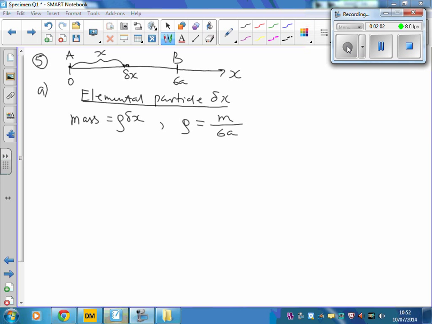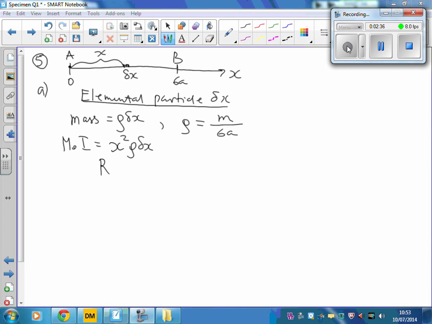So m over 6a gives the density of the rod and the density of the particle. Now, to find the moment of inertia of the particle, we need to multiply the square of the distance of this particle from the axis of rotation, which is x squared, by its mass, which is ρ delta x. Here we are. We worked out the moment of inertia of the elemental particle.